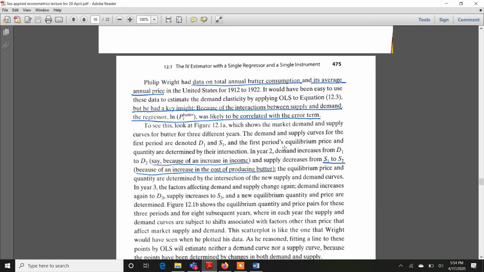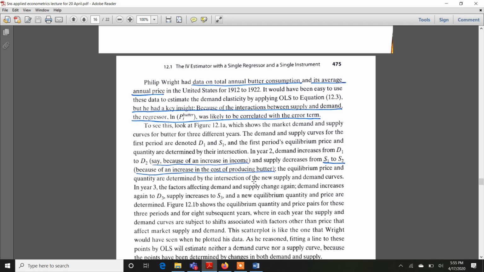So in year 2, as we were just discussing, demand increases from D1 to D2 and supply decreases from S1 to S2. Let's say why? Because of an increase in the cost of producing butter. So the equilibrium price and quantity will now be different.